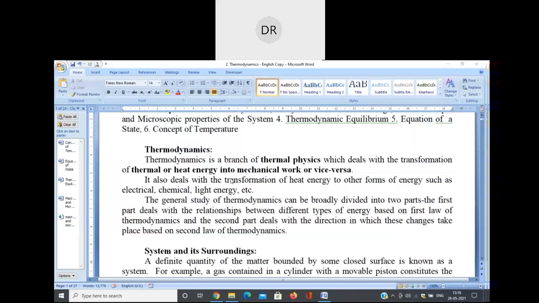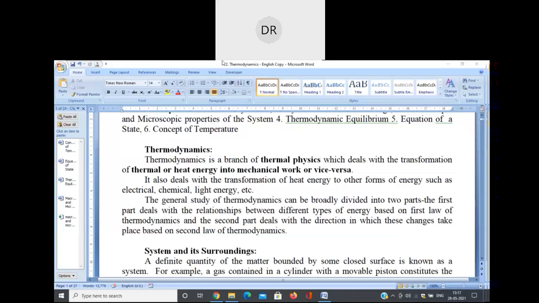The second part deals with the direction of heat flow, from which side to which side the heat flows. That is based on the second law of thermodynamics. So the second law deals with the direction of heat flow.